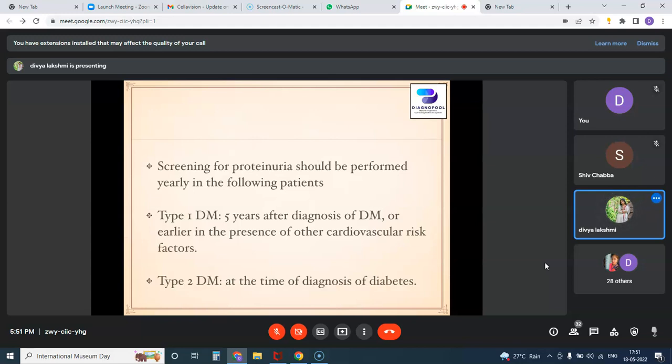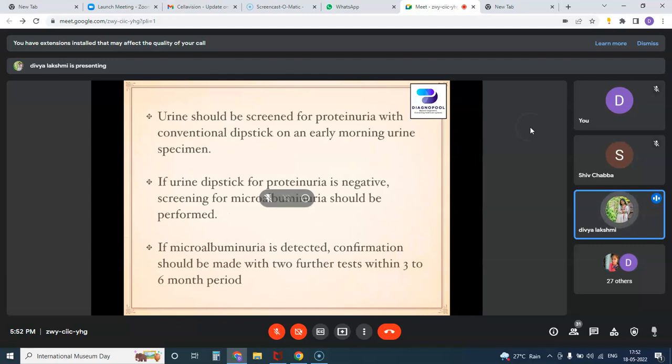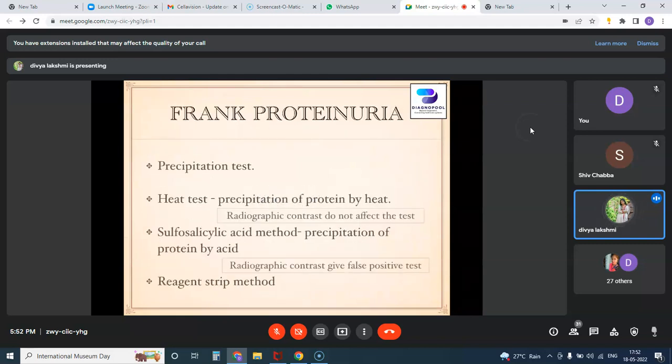When should we do it? If it is type 1 diabetes mellitus, we should do it 5 years after the diagnosis. If it is type 2 diabetes mellitus, immediately at the time of diagnosis, please check for microalbuminuria, because we may not be aware when the diabetes started in type 2 diabetes mellitus patients. For checking proteinuria, there are different tests available.